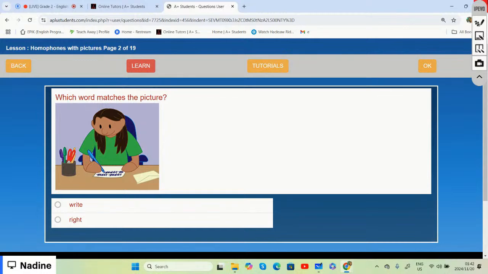We need to say what the person is doing. And if we want to choose what the person is doing, then we choose option one. The person is writing a note, which is write. So well done. Option one is correct.